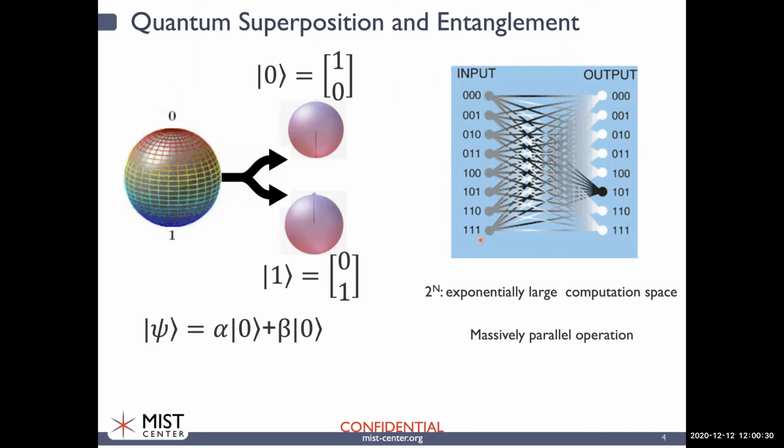Any quantum operations on these quantum states can simultaneously operate on the superposition state in this large space. So if the number of qubits grows, the size of this computation space becomes exponentially larger. This is extremely important for offering the massive parallel computing power of quantum computing.